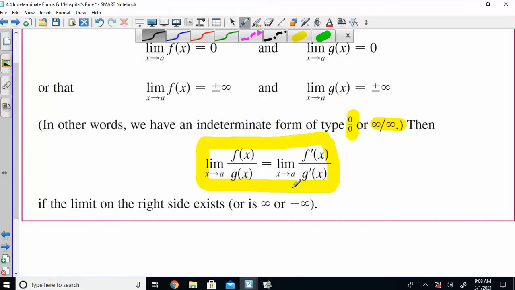Now, the only time you can do this is if it is 0 over 0 or infinity over infinity. We could do plus and minus, like negative infinity over positive infinity, we could still do it. But if you have a 0 over 0 or infinity over infinity, we can apply L'Hopital's rule.